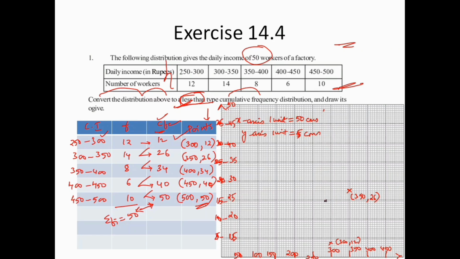The next value is 400, 35. 400 is at exactly 35. So this is 400, 35. Then next is 450, 40. This is 450, 40. The next one is 500, 50. This is your maximum value, 500, 50.